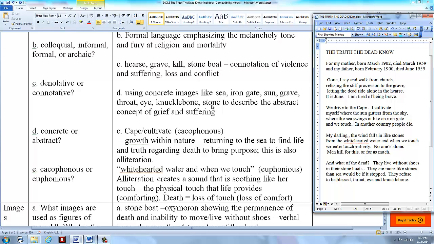Even if you look at hearse and church, all of these concrete images, though, I believe they're being used for the connotation to describe that abstract concept of grief and suffering. When we lose our parents, the overwhelming loss is difficult to show. And so a concrete image many times can capture that emotion, that connotation, that pain that the speaker feels.